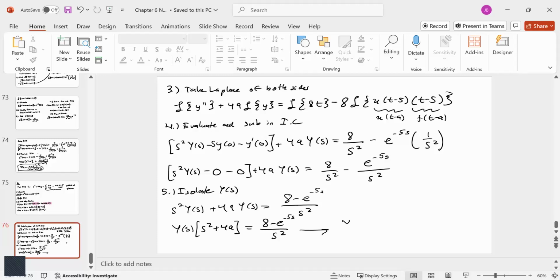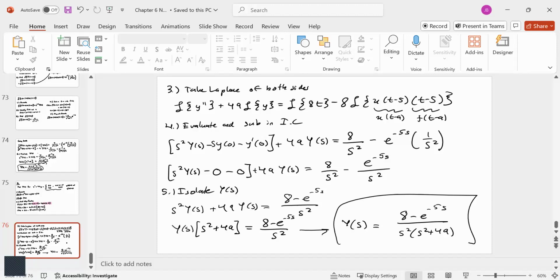And that tells us that y of s is equal to 8 minus e to the negative 5s over s squared times s squared plus 49. Would not be a fun partial fraction decomposition, but nonetheless, we're able to do it here. And we got y of s.